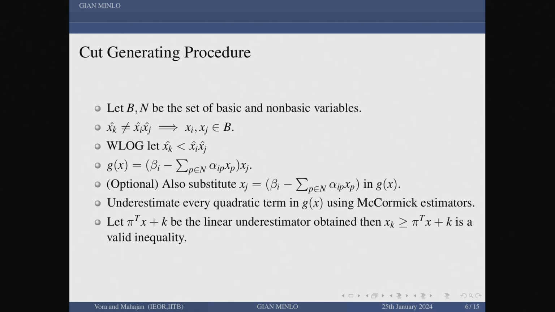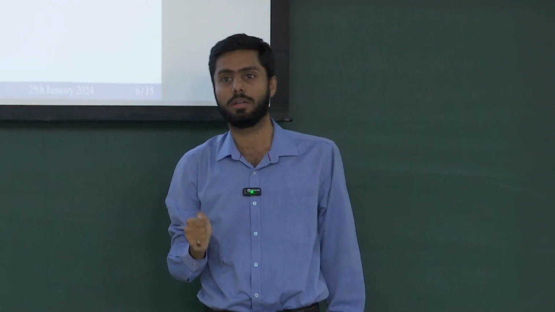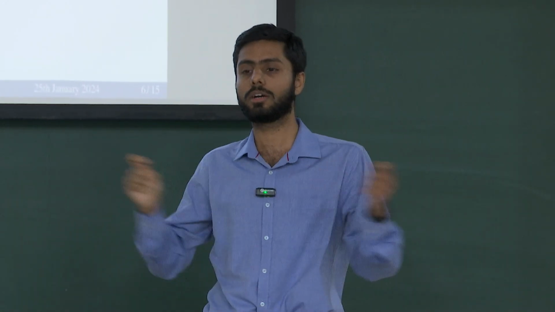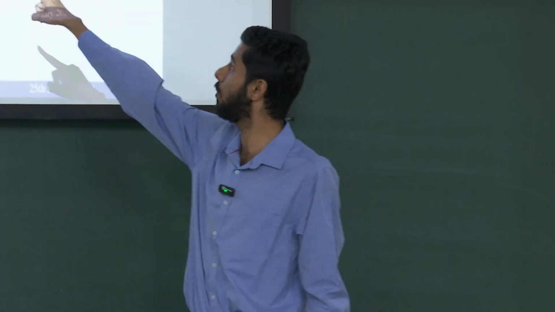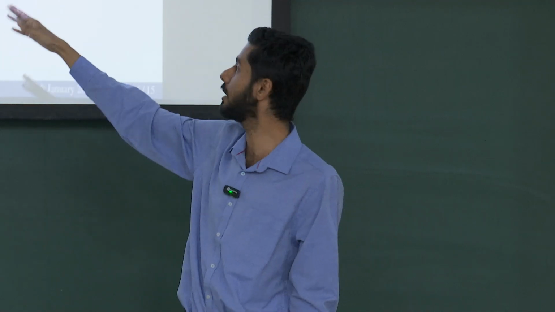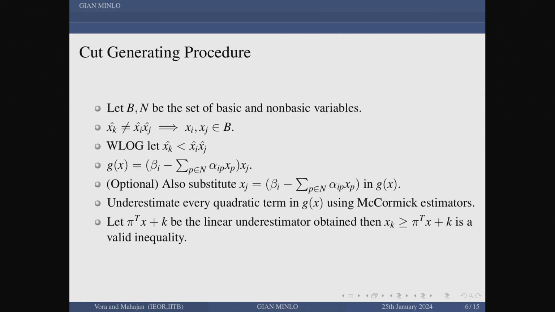And notice what happens. Now if you expand this, you will have some linear term in xj, which is fine, and you will have a bilinear term of type xp times xj, and xp is a non-basic variable, so it is always at its bound. So whenever there is a bilinear term, one of the variables is at its bound.